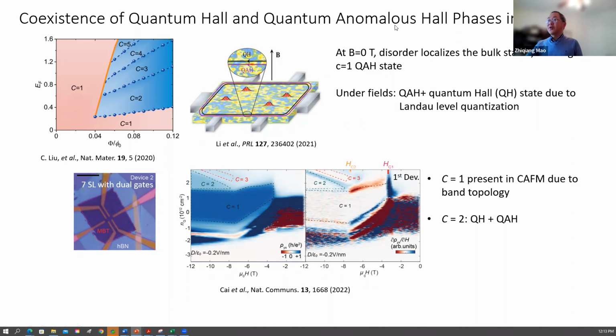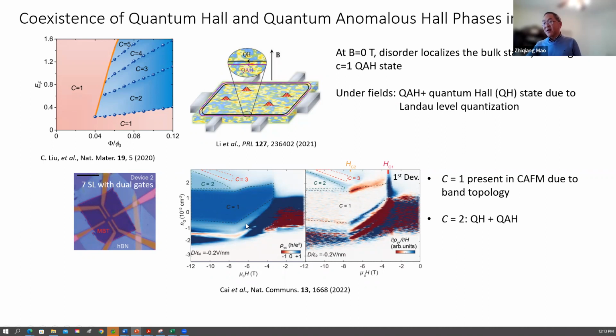And such a coexistence of quantum anomalous Hall and quantum Hall has already been demonstrated in experiments. This is a recent experimental result. The quantum Hall state with C equal to 1, and the coexistence of quantum Hall and quantum anomalous Hall with C equal to 2 and 3, are all resolved in experiment.